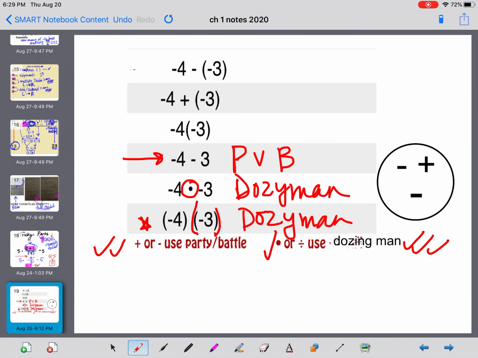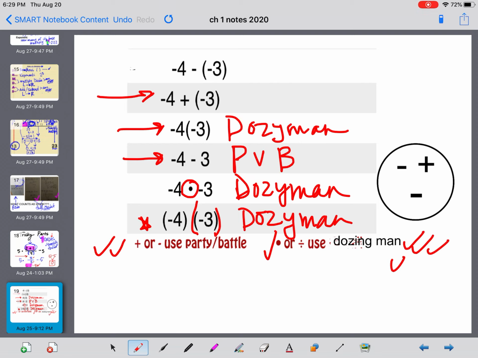That's over here, right? Okay, up here, guess what? Parentheses, so I know I'm going to be using my multiplication man rules. Up here, ooh, tricky.